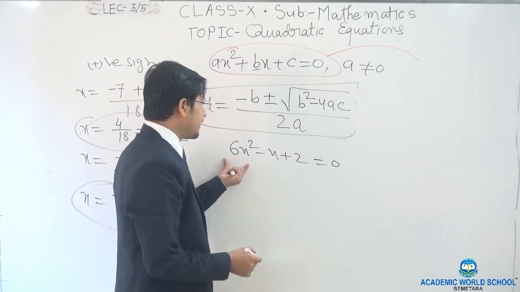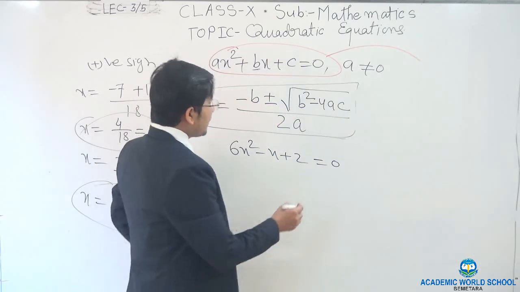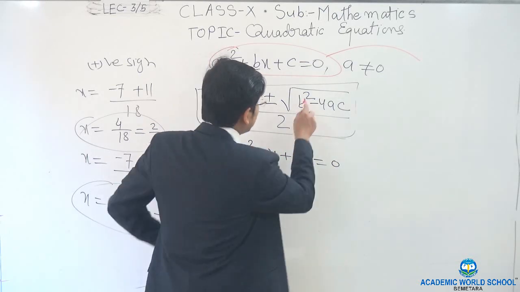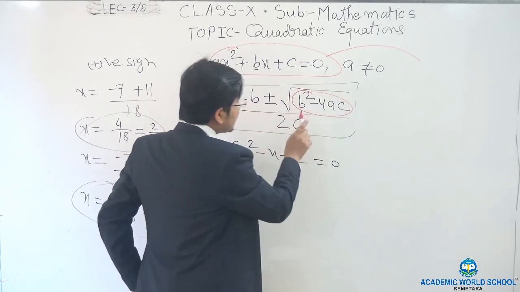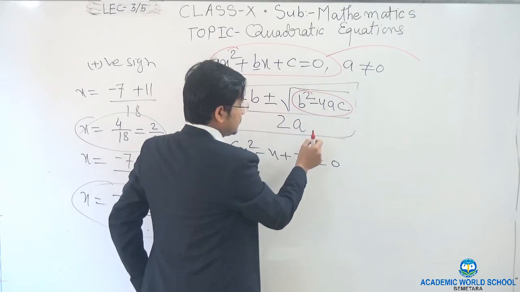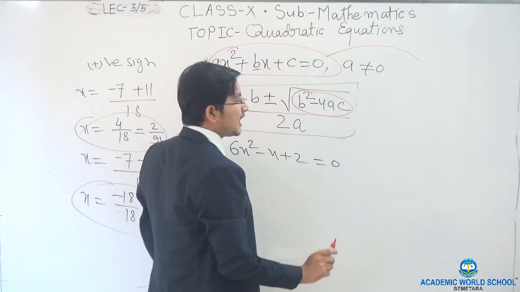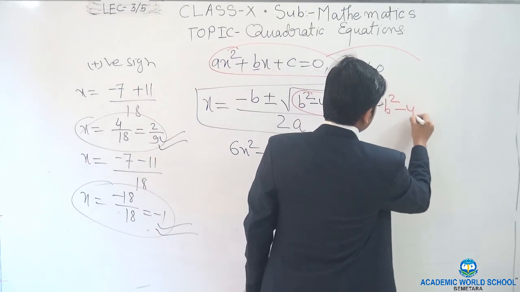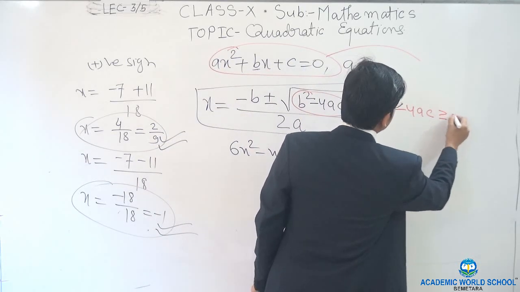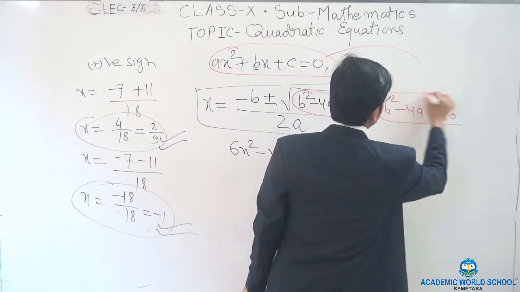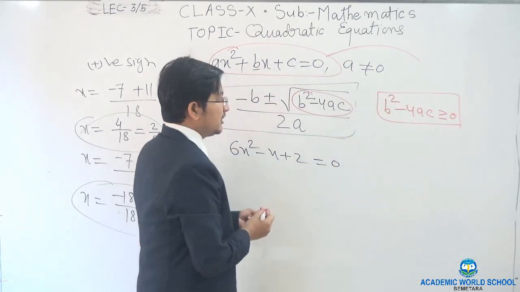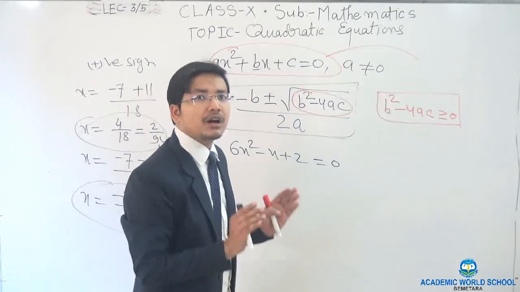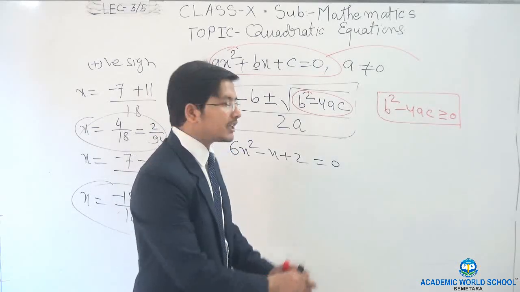Let's say this is a quadratic equation. The main important thing which I am trying to convey is that this value, b square minus 4ac, should always be greater than or equal to 0 to get real roots. If not, then root does not exist.